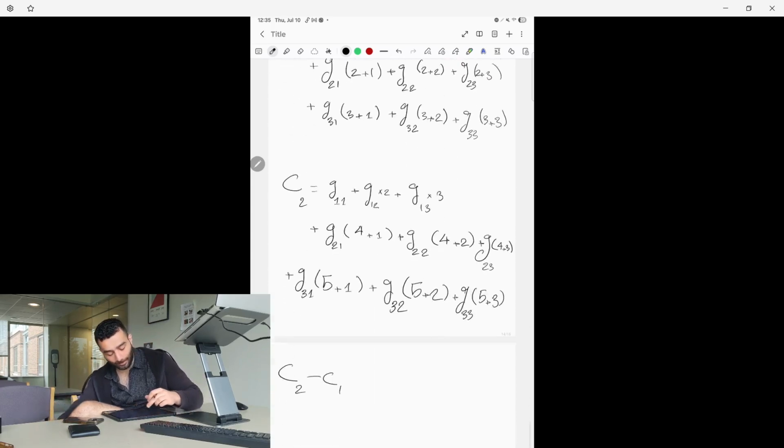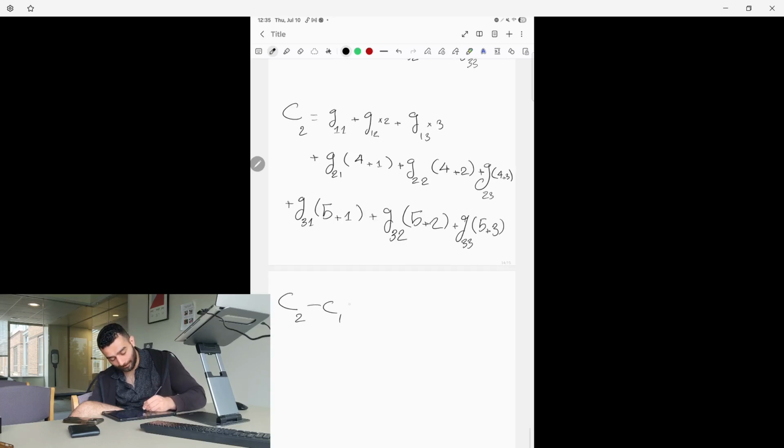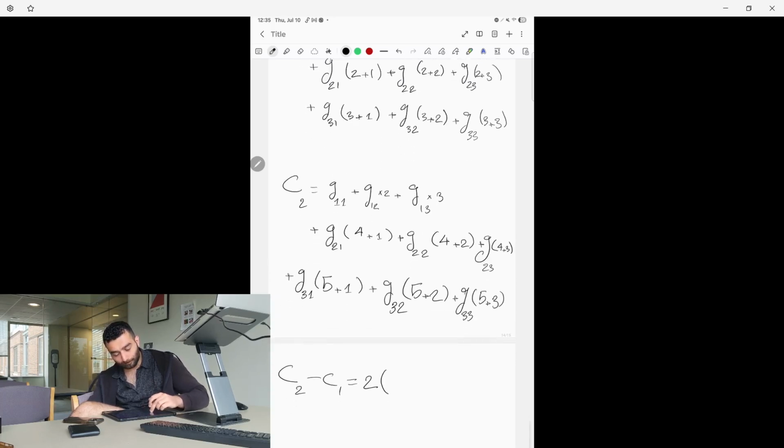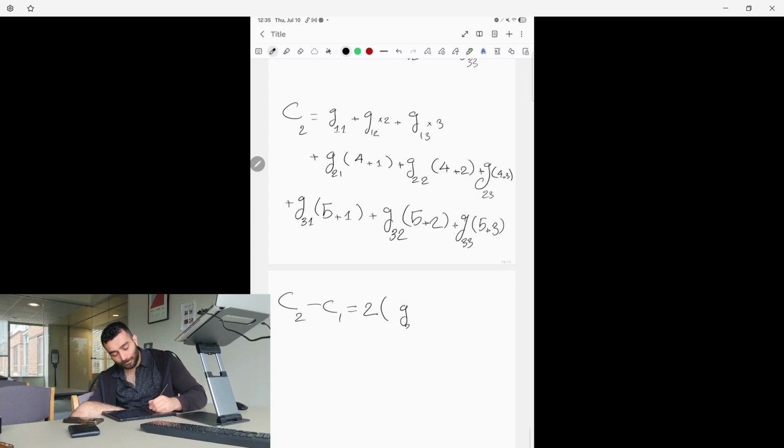So that's the trade-off. C2 minus C1 will be 2 times G21 plus G22 plus G23 plus G31 plus G32 plus G33.